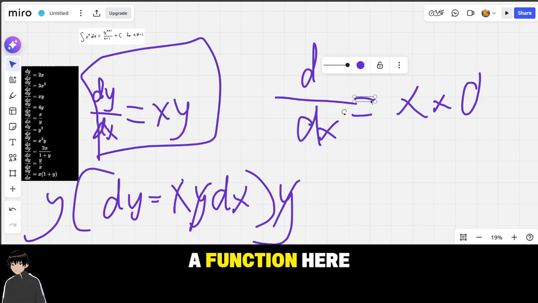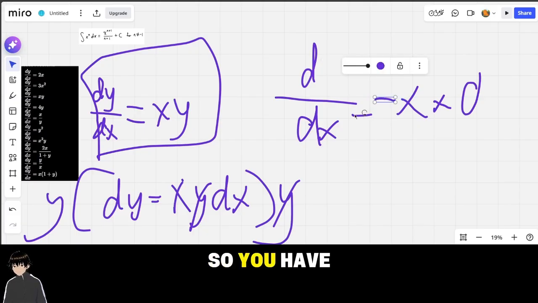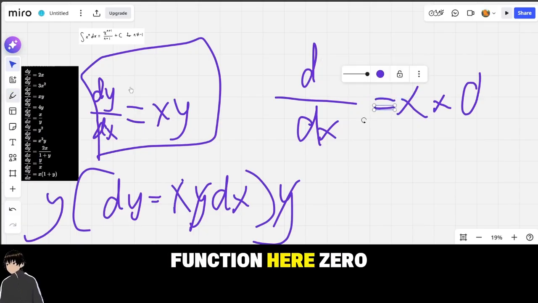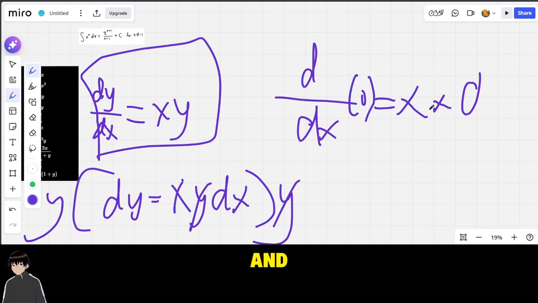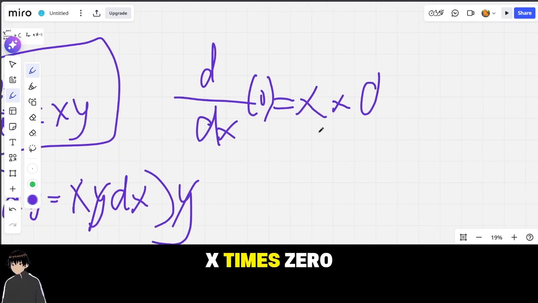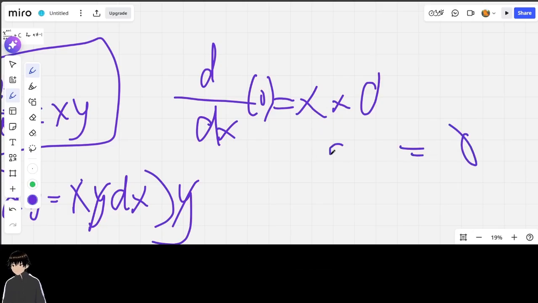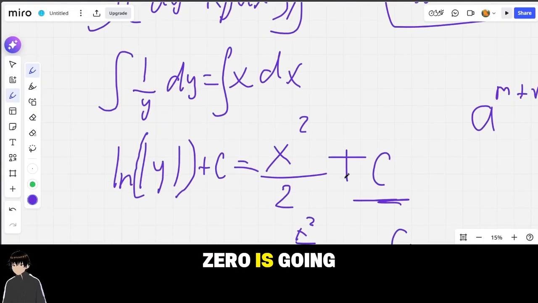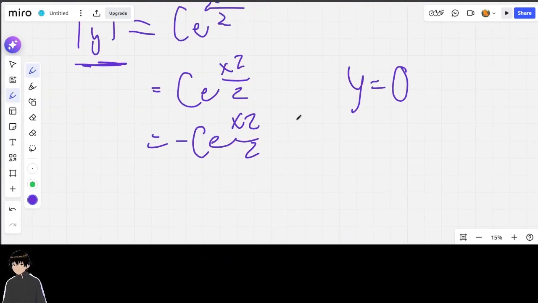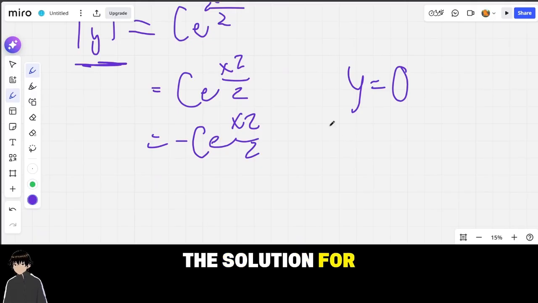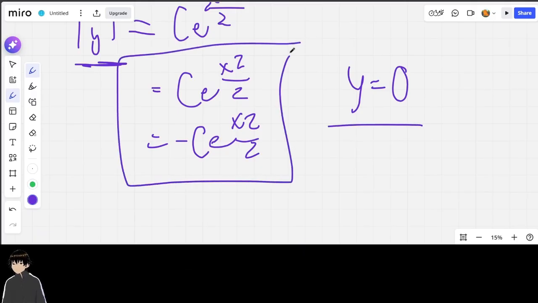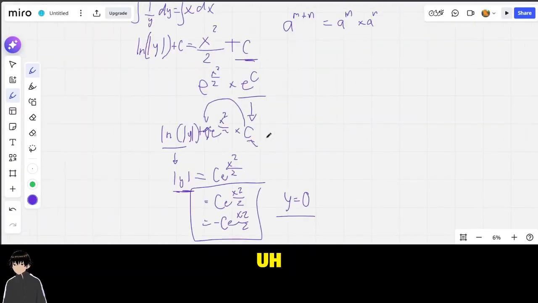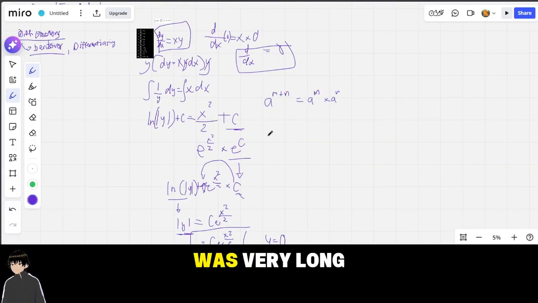There's going to be a function here, so we have to include the function, 0. And x times 0 is going to be 0, and that means 0 is going to be the solution for these. Okay, that was very long.